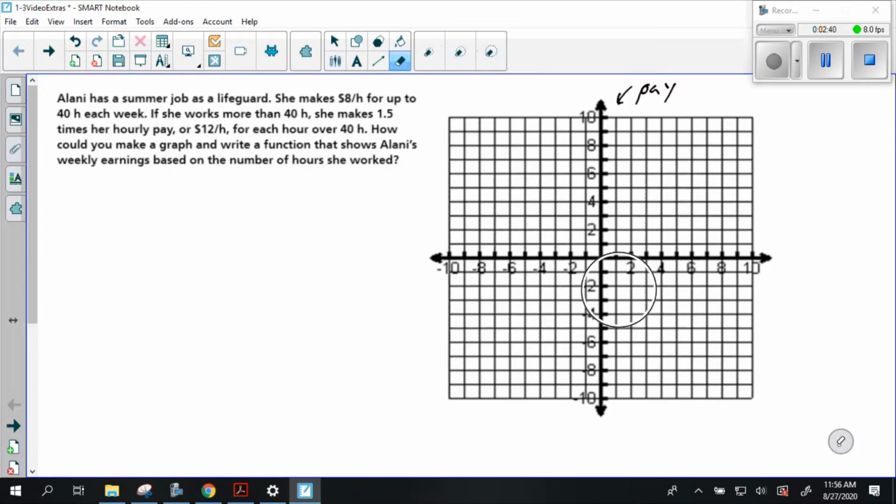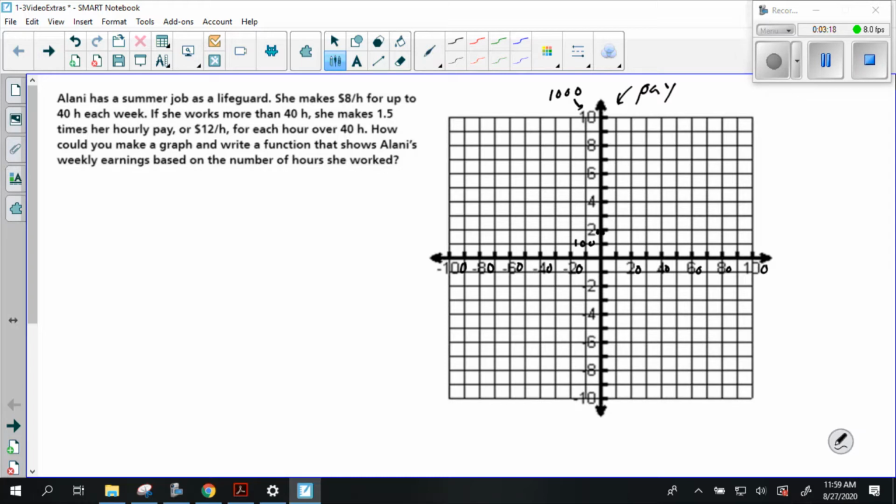So that means that this is 20, 40, 60, 80, 100. But we don't have to really worry about this axis because she's not going to lose money. And it looks like this axis is actually going to have to be in the hundreds. So that's 100, 200, 300, 400, all the way up to 1,000. I think that's going to work out for us as far as the units that we're going to choose.